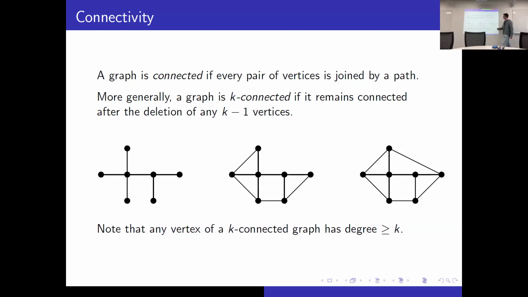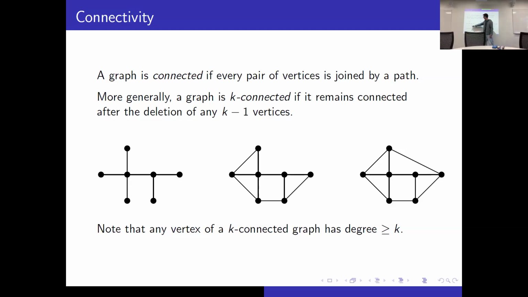And we can measure how well it is connected using k-connectedness, which means that if you delete fewer than k vertices, the graph is still connected. If you delete any k-1 vertices and it is still connected, then we say that it is k-connected.